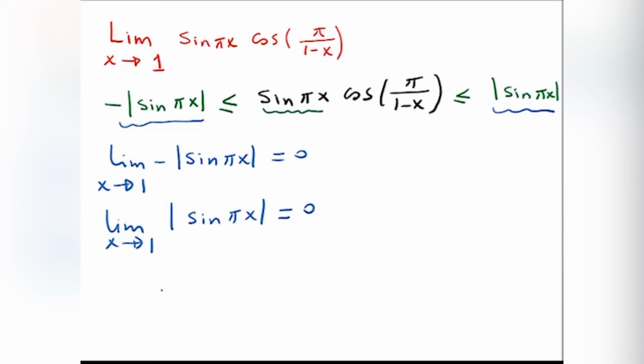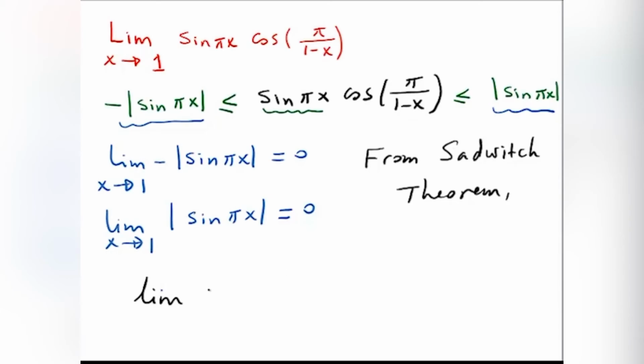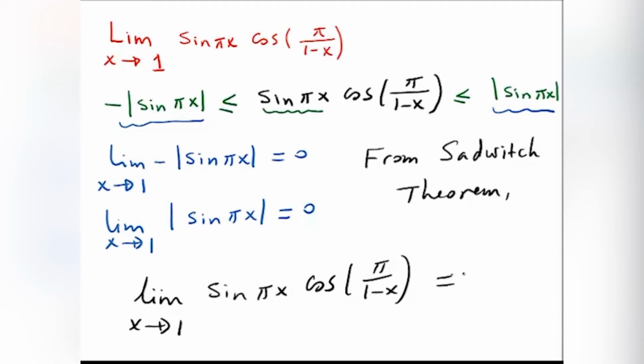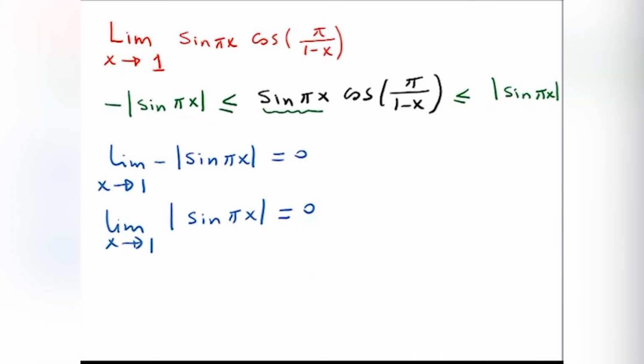Then from the Sandwich Theorem, the limit of the middle quantity has to equal the two limits. So the limit of sine pi x times cosine pi divided by 1 minus x as x goes to 1 equals 0. It's very simple.